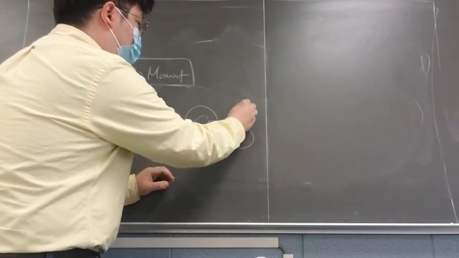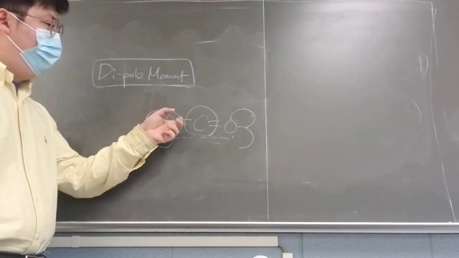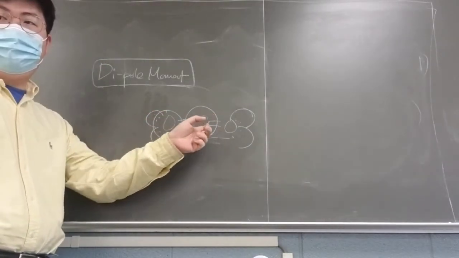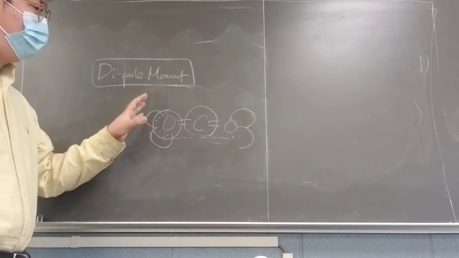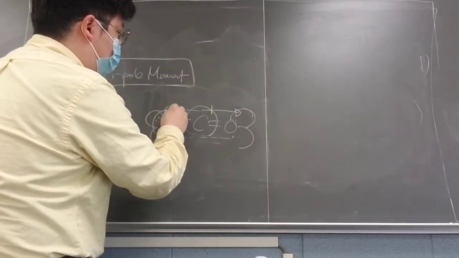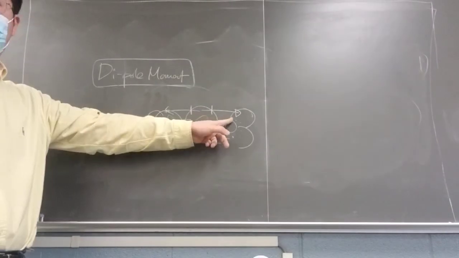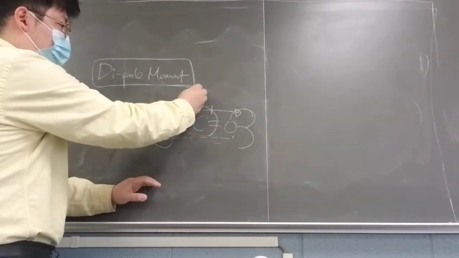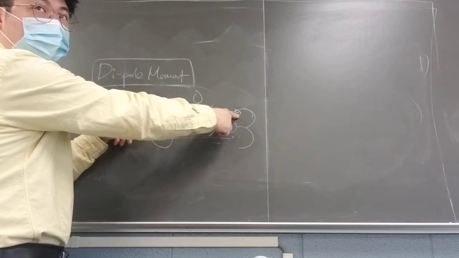Okay? But this is kind of tricky. We know there are only going to be 2 double bonds from the central carbon. So if you do the polar bond dipole moments vector sum, it will still be 0 because it's cancelled on both sides.